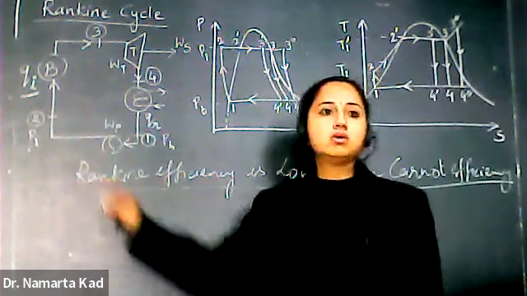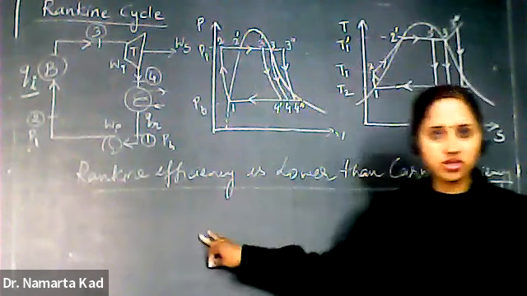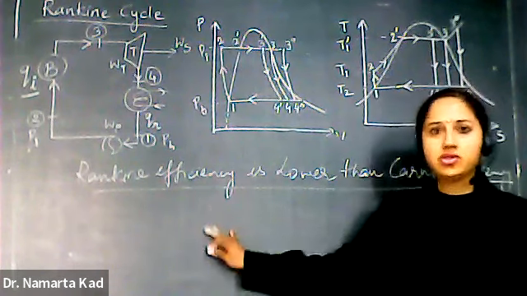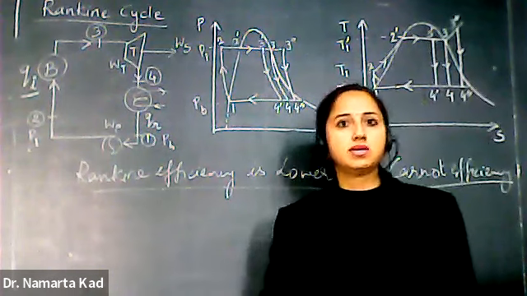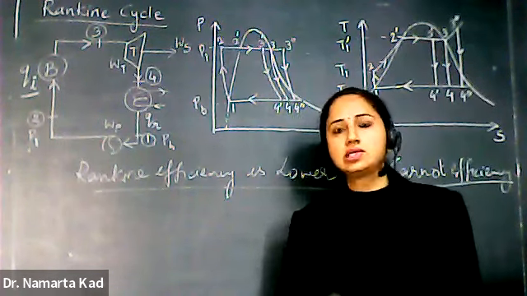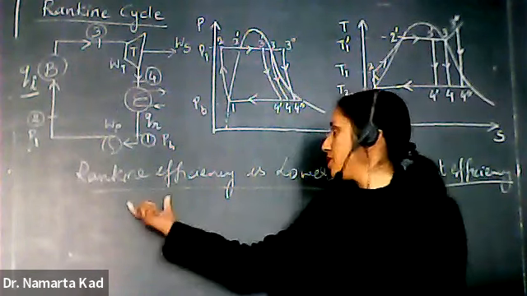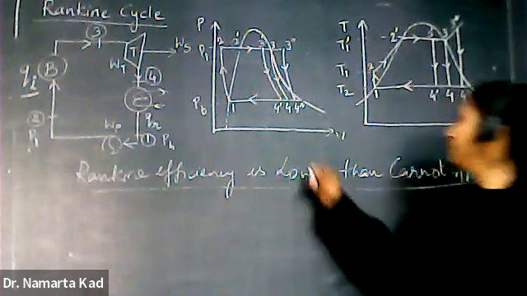It is not only the thermal efficiency, it is the complete cycle efficiency. No doubt the Rankine cycle has better thermal efficiency than the Carnot cycle, but if you consider the overall efficiency of the cycle, then the Rankine efficiency is lower than the Carnot efficiency.